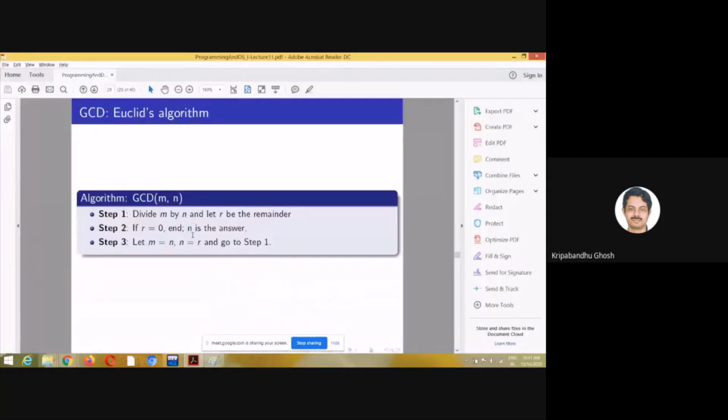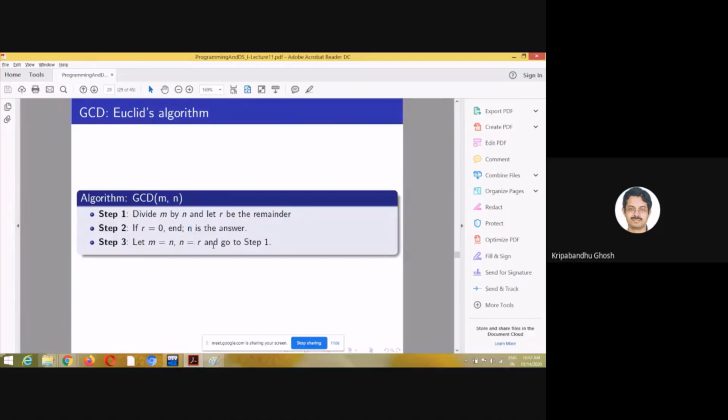So N divides M, the intermediate values of M and N, and it can be shown that N is the GCD of these intermediate values.